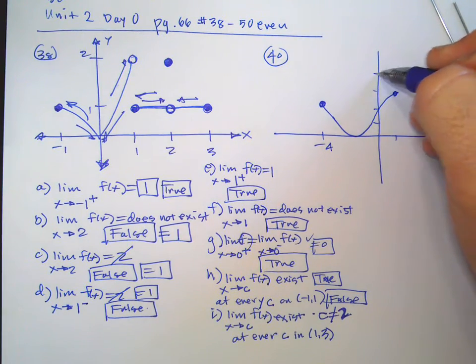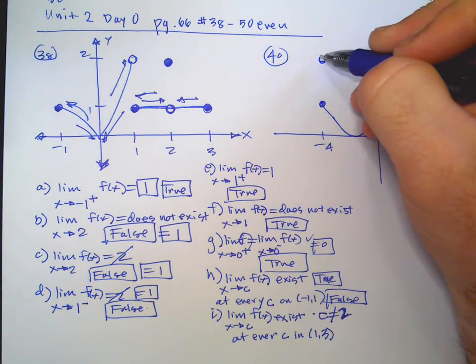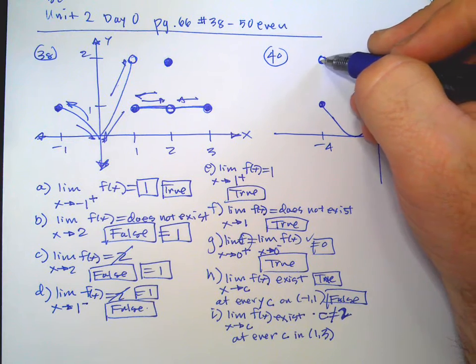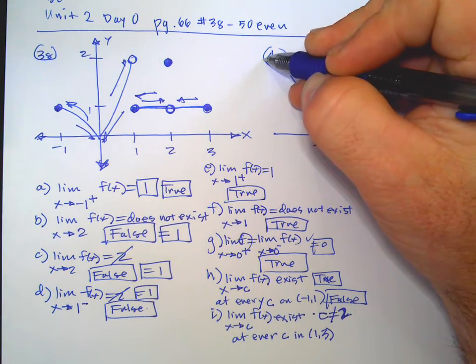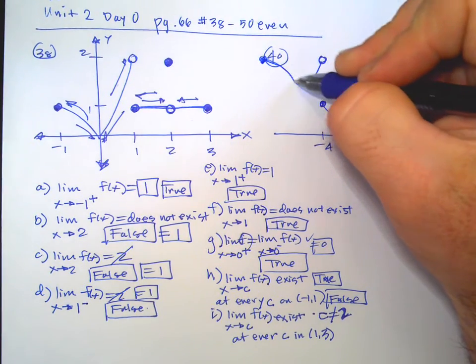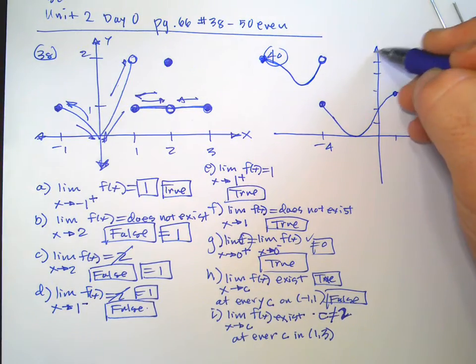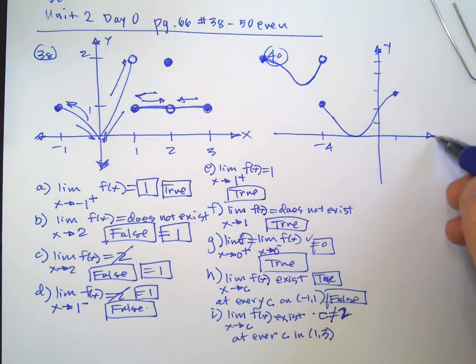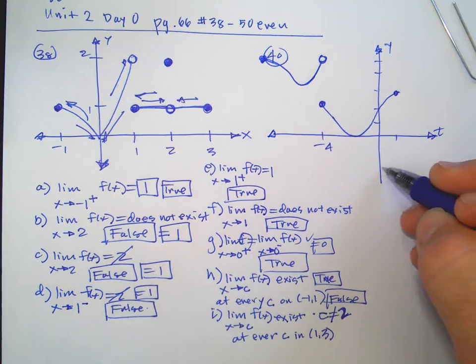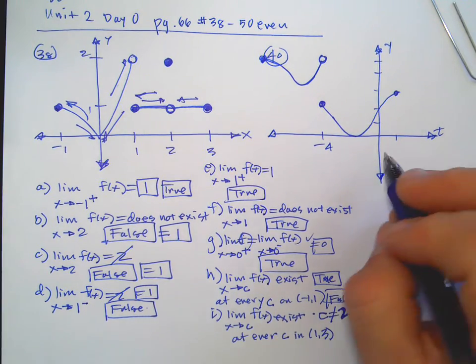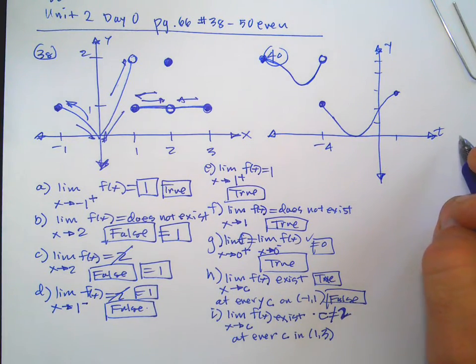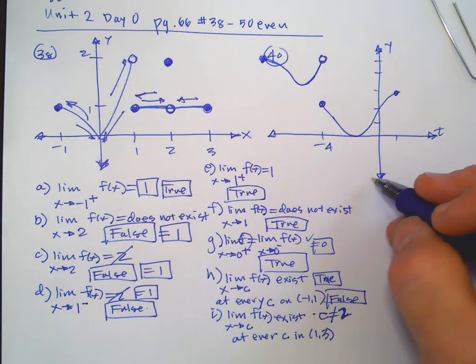And then looks like there's an open dot up here. It goes like this. So there you go. Now, the problem says, use the graph to estimate the limits and the value of the function or explain why the limits do not exist. You have to explain why limits do not exist.